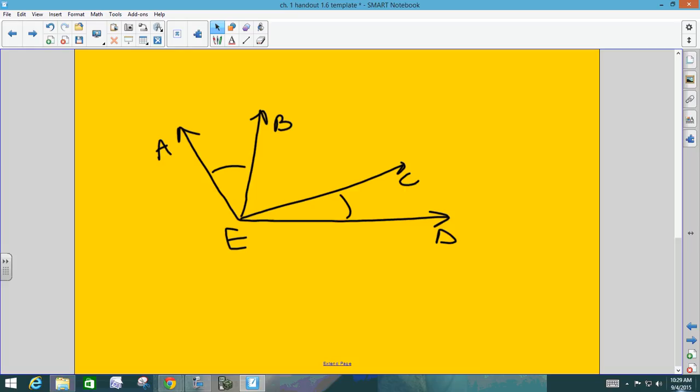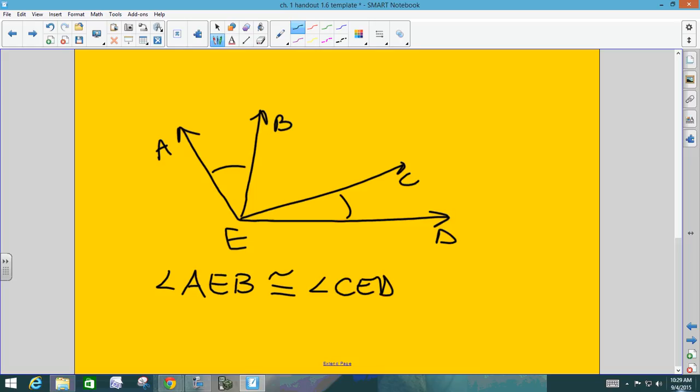We use hash marks on segments. We use little curves on angles. So we could say that angle AEB is congruent to angle CED. In your book, they're going to be that pinkish red color, just like the segment hash marks were. That's just a random one that I threw up there.